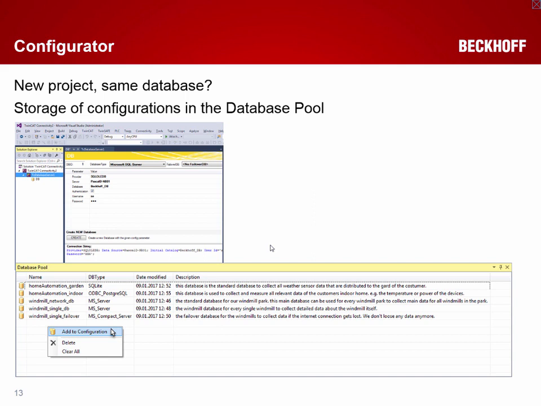But then you need the same database configuration for each connectivity project. Therefore, we developed the so-called database pool, and there you can store all the different database configurations, and you can take these configurations by drag and drop to the database server project, and then you automatically have all the settings. So the engineering, for example at startup of a machine, will be much easier now.